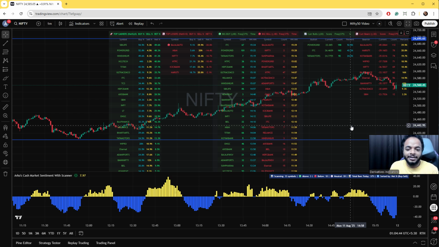As I showed you on Thursday, Nifty was coming down, but our cash market sentiment indicator was going up, right? It basically tries to track the big institutions, what the smart money is doing in the cash segment. That you cannot get on the watch list. In top gainers or top losers, they will show you the percentage change from the previous day.